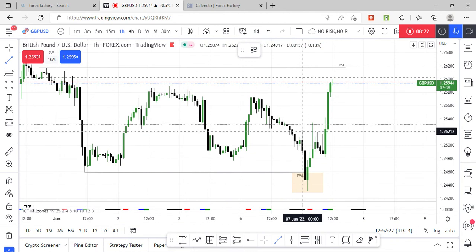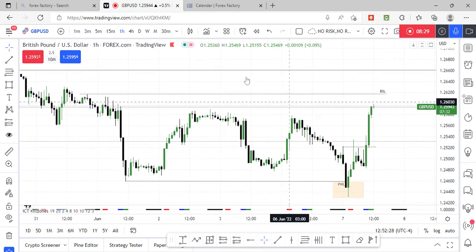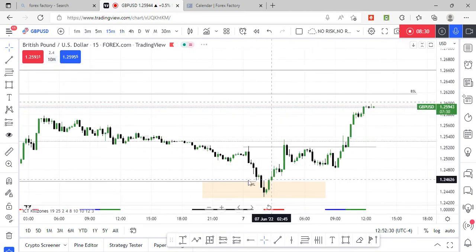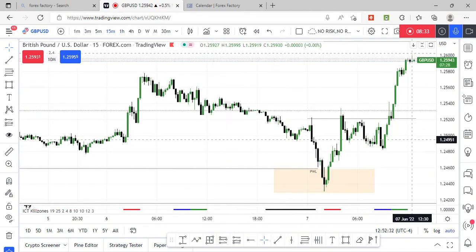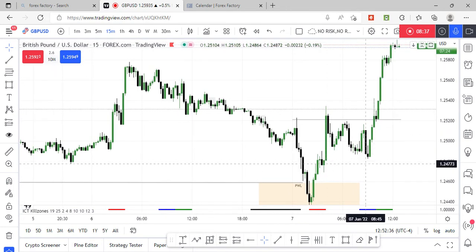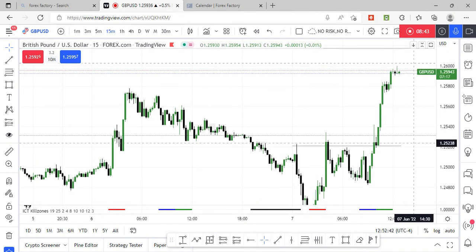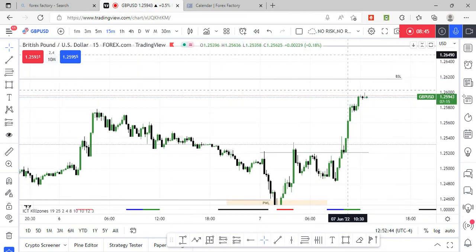So, a market structure shift. And you know, for the bullish order flow, every down close candle will act as support. This is the swing low, near session support, and this is the next draw on liquidity.